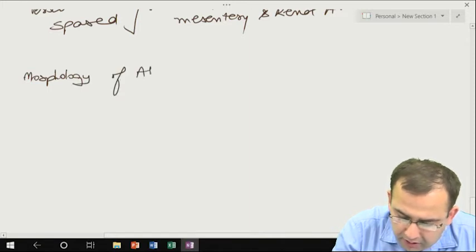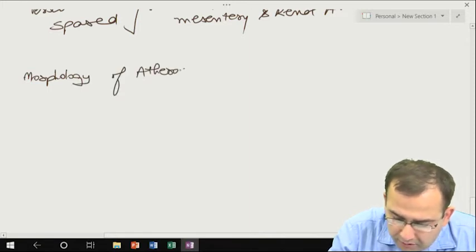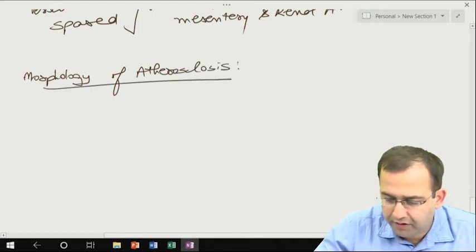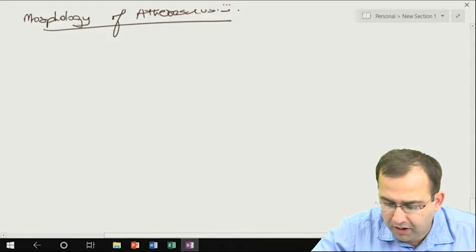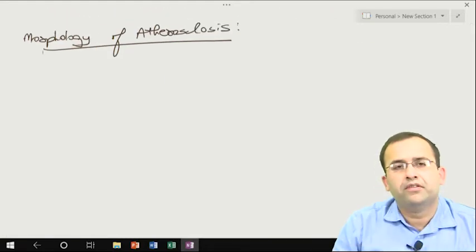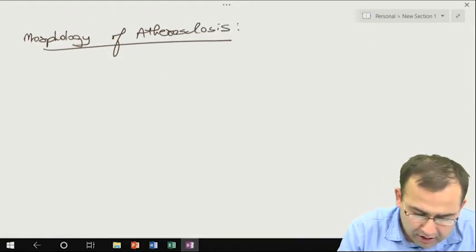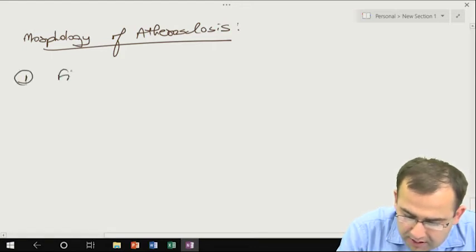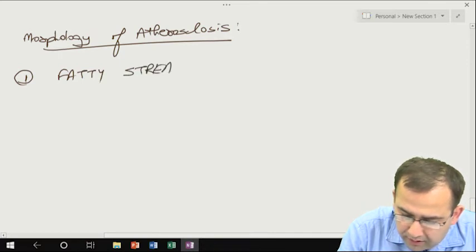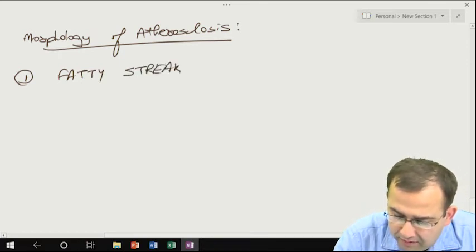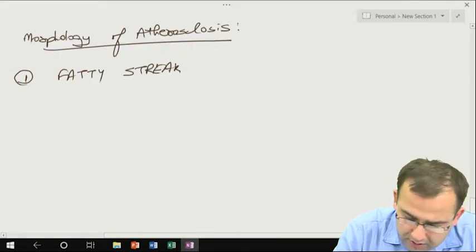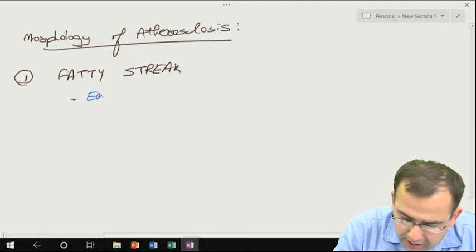Morphology of atherosclerosis. The first lesion of atherosclerosis is the formation of the fatty streak.